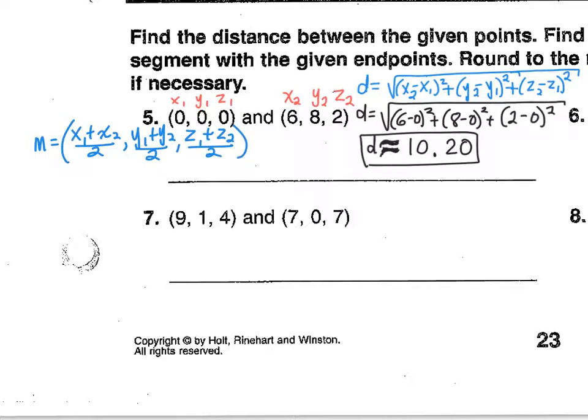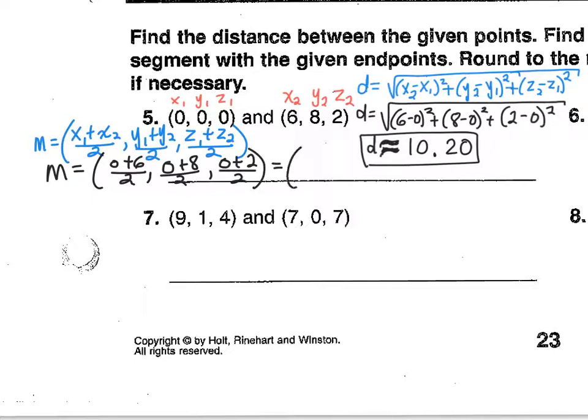And then we plug in the numbers. So for the midpoint, when I add the x's, this is 0 plus 6, and then you get half of it. The y's, 0 plus 8, you get half of that. And then the z's, 0 plus 2, and then you get half of that.